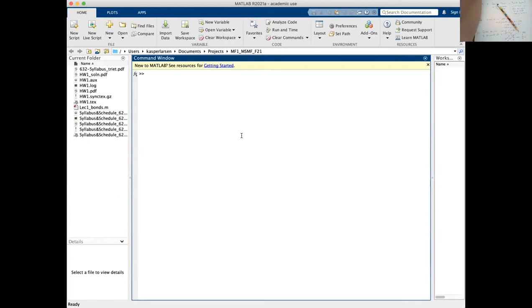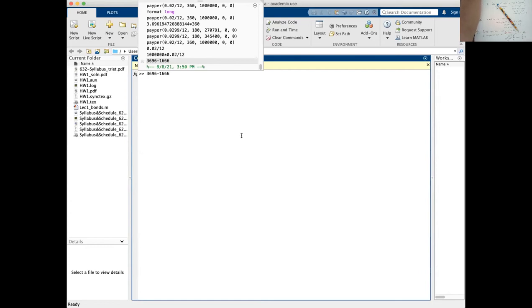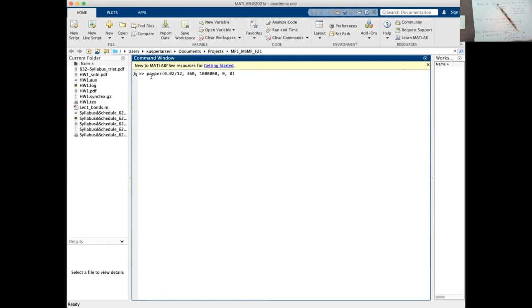The command in MATLAB that I'm looking for is this one here, PAYPER. So this is pay and then per period.